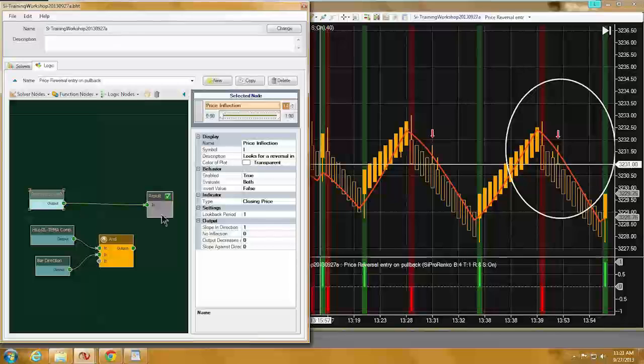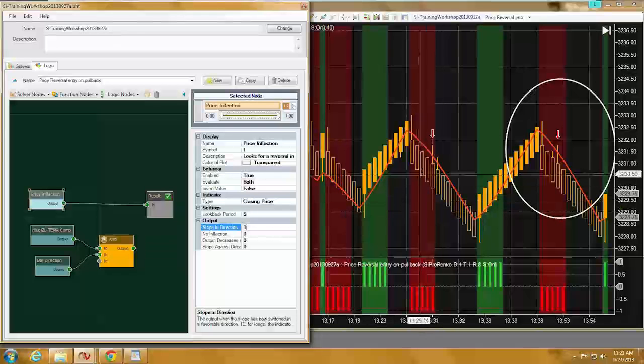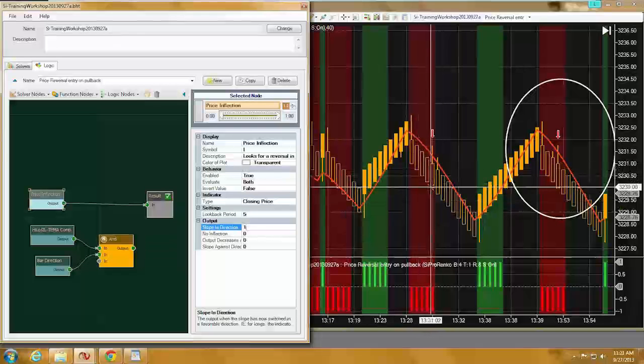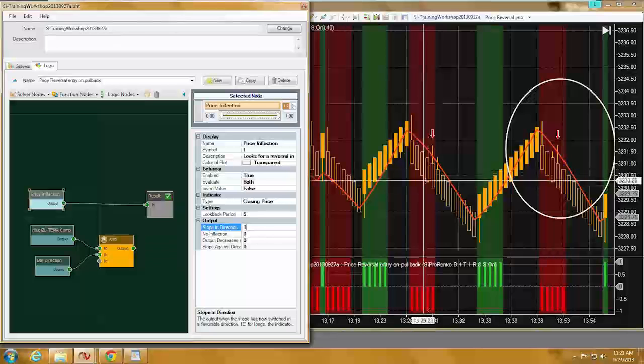So I'm going to take this initial signal, and I'm going to give myself essentially 5 bars, or let's see, 4 bars after, for an entry signal to occur. So I'm giving price a 4-bar opportunity to get into the trade.